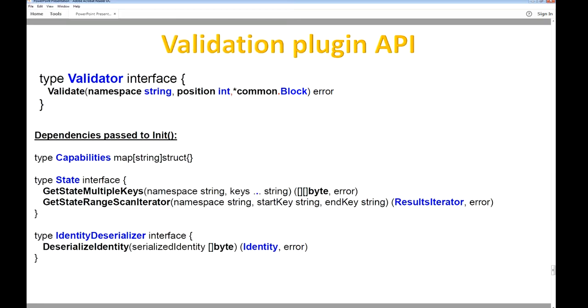And if someone has a 1.1 custom VSCC running a chaincode, when it upgrades to 1.2 it can simply write a plugin which invokes its chaincode. It's not that much of a problem.